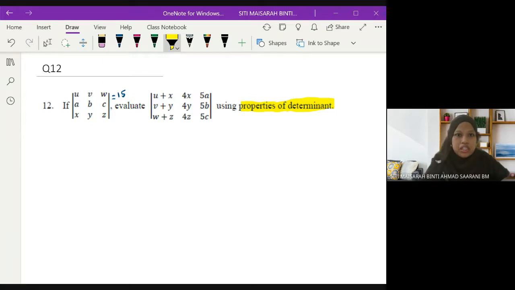Okay. Kat sini kalau kita notice dia ada U plus X, V plus Y, W plus Z. So ada lagi satu properties, kalau dia ada tambah pada satu kolom atau row, tolak ataupun tambah, minus or plus, you can split into two part lah.